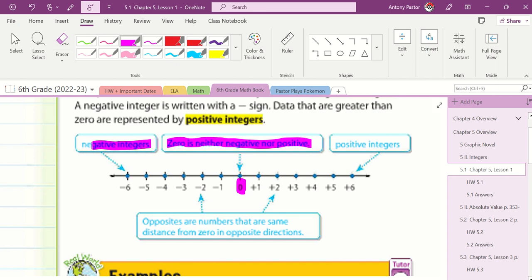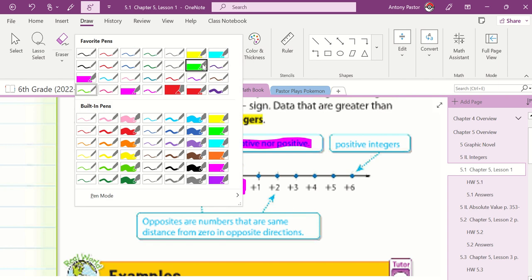Negative integers on a number line, like an x-axis, will be to the left. Negative 1, 2, 3, 4, 5, 6. And they are going to go from left to right. The bigger number goes to the left, but remember, the further left they are, the less they technically are. So -6 is actually smaller than -1. And then positive integers go to the right.